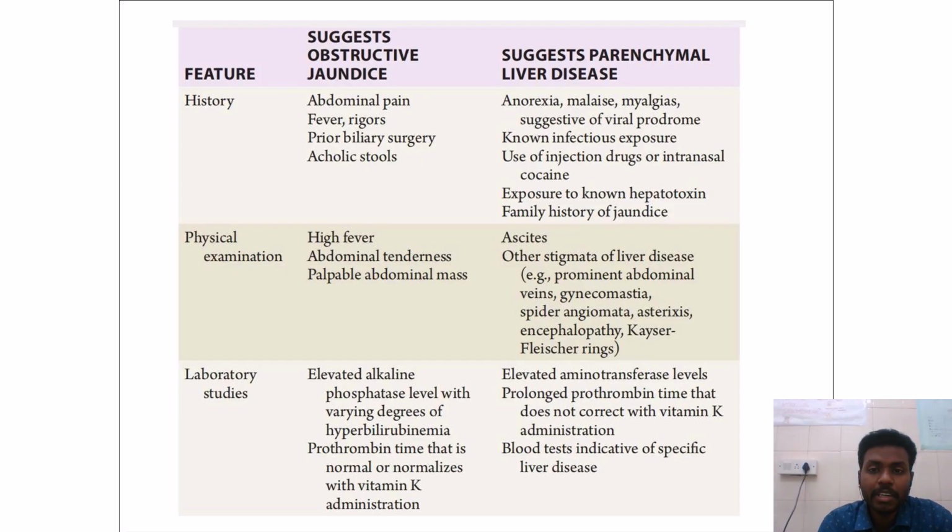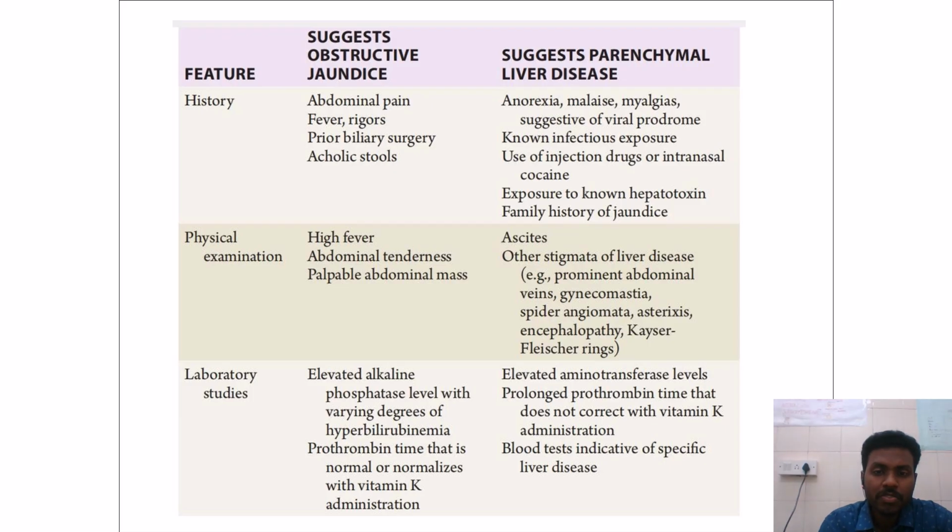In hepatic jaundice, the liver's intrinsic mechanisms are involved: anorexia, malaise, myalgias suggestive of viral prodrome, known infectious exposure, use of injections, drugs or intranasal cocaine, exposure to known hepatotoxins, and family history of jaundice.